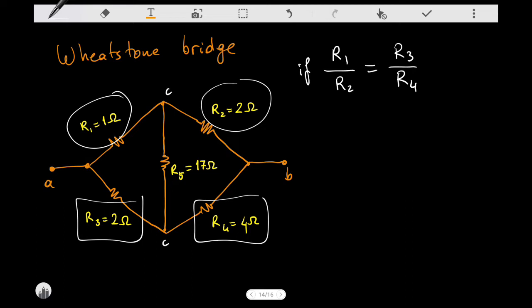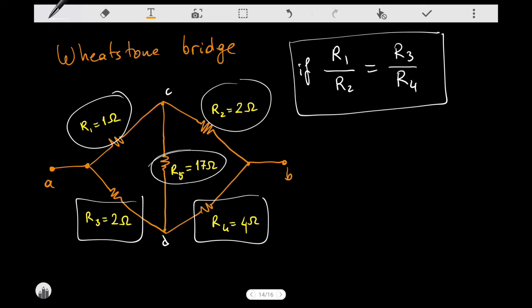Right? Let's call these 2 points C and D. So we will see what happens in that case. What I'm going to say is that the points C and D have the same potential, and so therefore there is no current flowing on this fifth resistor, no current on that branch, and so therefore the value of the resistance of that branch is not important.